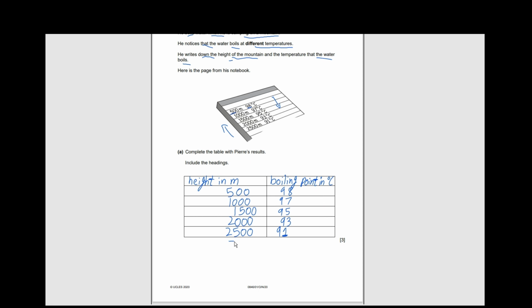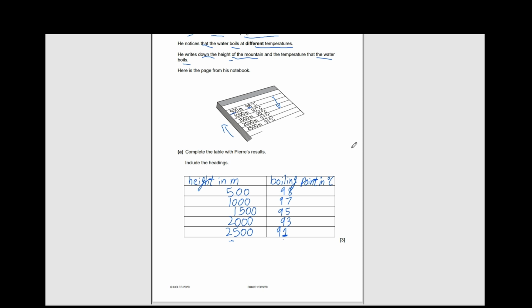At 2,500 meters we have 91 boiling point, and at 500 meters height we have 98 boiling point. So you can see the decrease in boiling point as the height in meters increases.